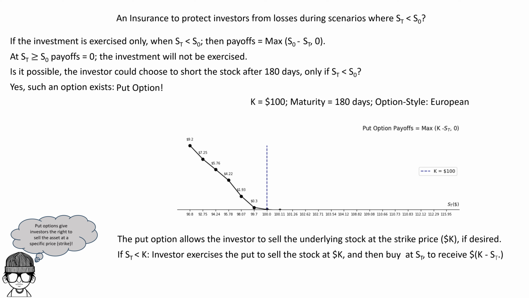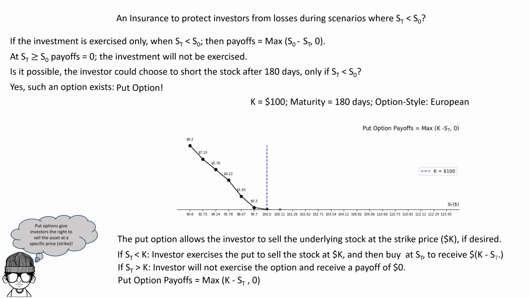So in that case, they will sell the stock at K and buy it back at ST to receive a payoff of K minus ST. Now, if ST is greater than K, the investor will not exercise the option and receive a payoff of 0. So it's exactly what we had earlier, but in reverse because we're shorting and we're looking at a put option. So the put option payoffs are equal to max of K minus ST or 0.